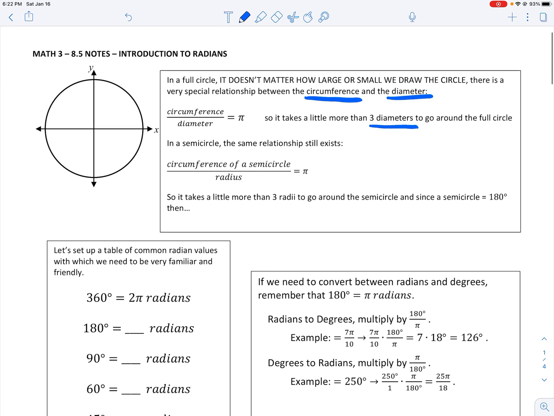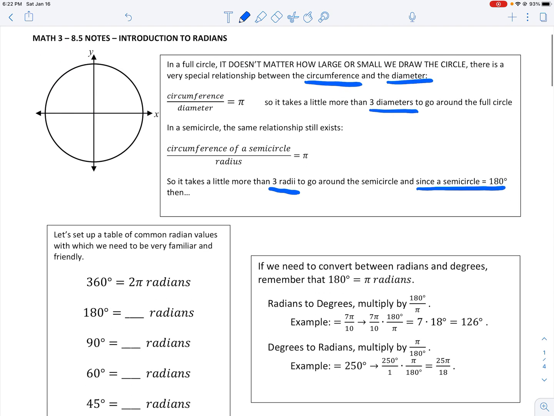So it takes a little bit more than 3 radii to go all the way around, which is 180 degrees. No matter what circle you take, its circumference divided by the diameter is pi. So a radian is how many radii it takes to go around the circle. And if you watch the video before this one, that should make more sense to you.